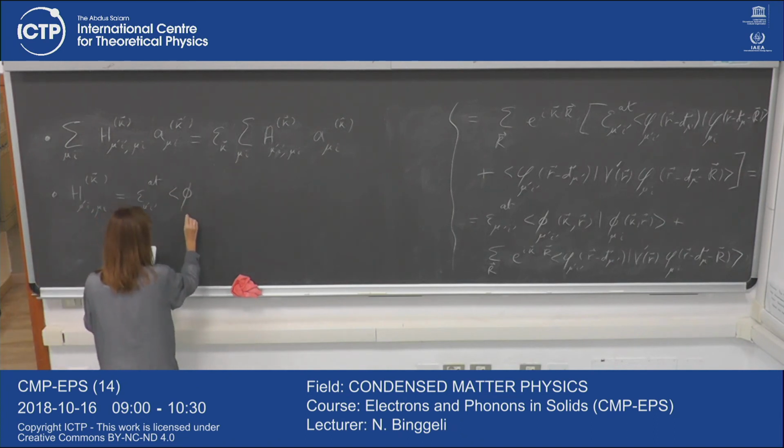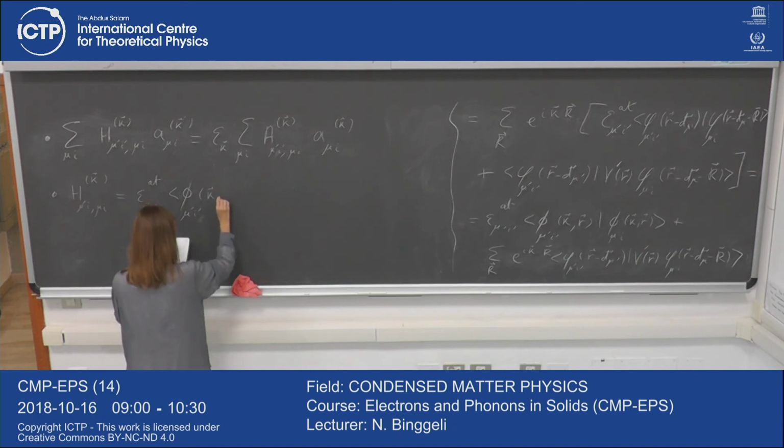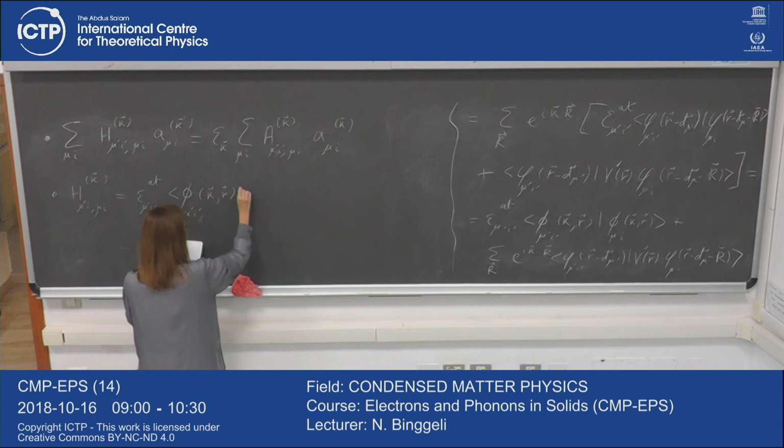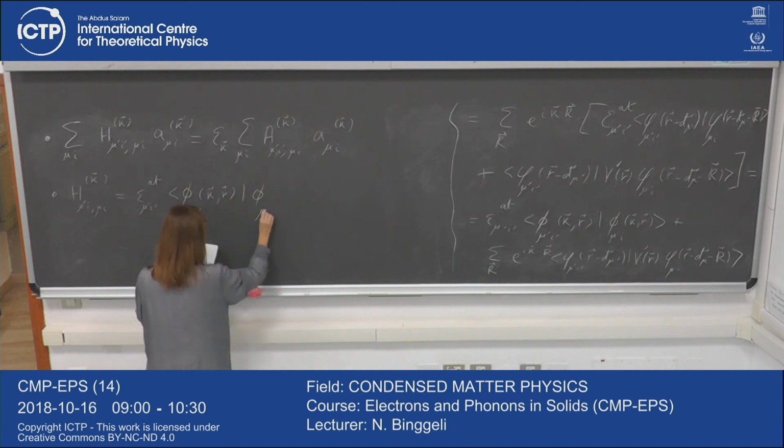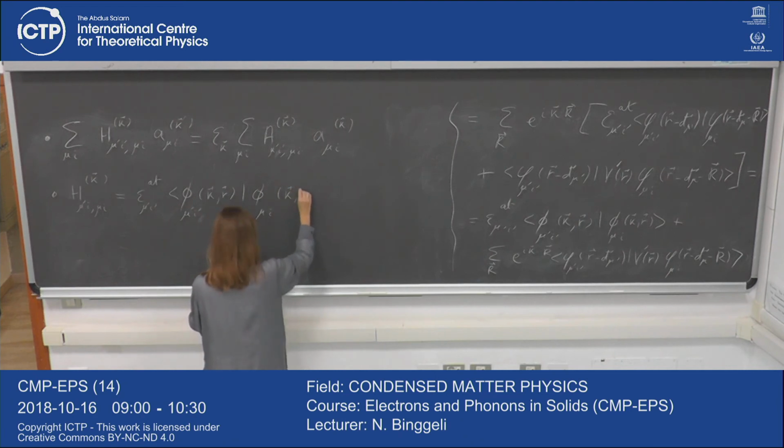Then there is the matrix element of mu prime I prime, the tight binding function, phi mu I of k r.